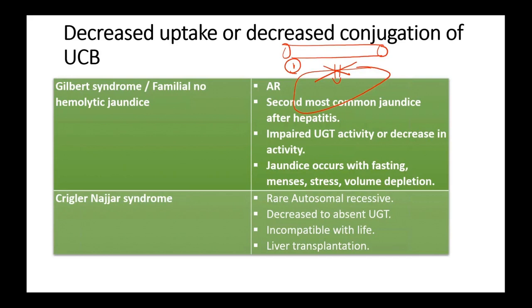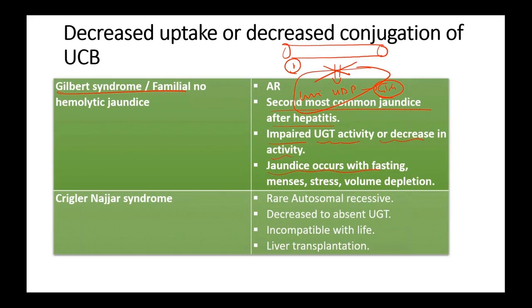So there are two main types. In the liver, there is an enzyme called UDP glucuronosyl transferase. If this enzyme is absent, which is responsible for conjugation of bilirubin, that will result in increased unconjugated bilirubinemia. Number one is Gilbert syndrome. Second most common cause of jaundice after hepatitis, with impaired UGT activity or decrease in activity.